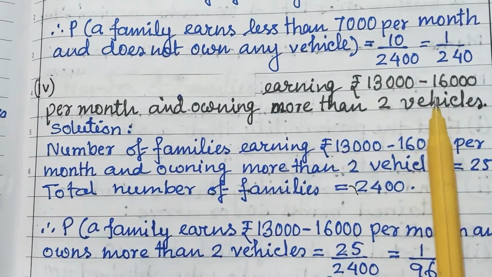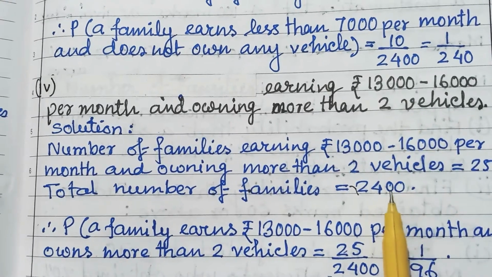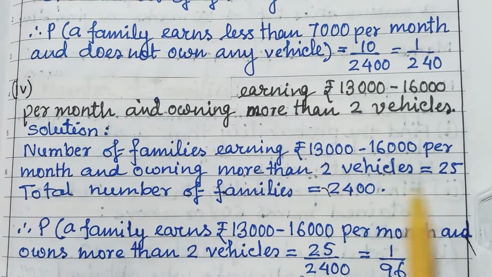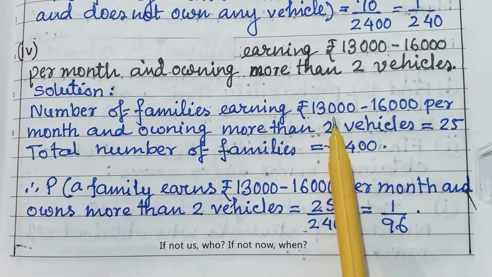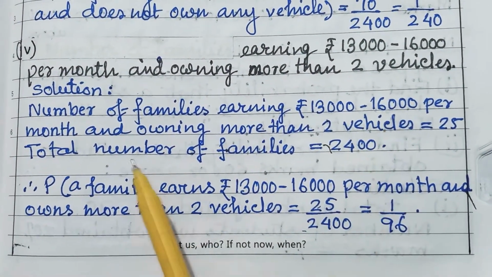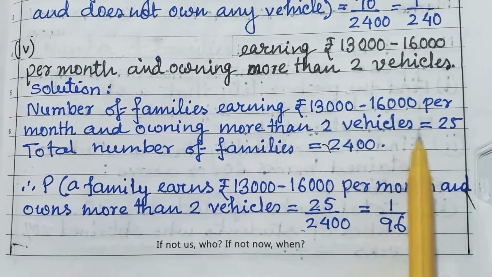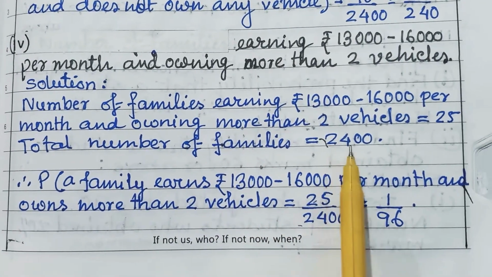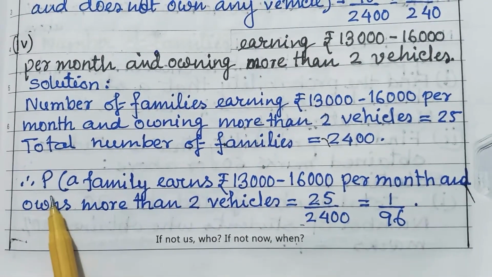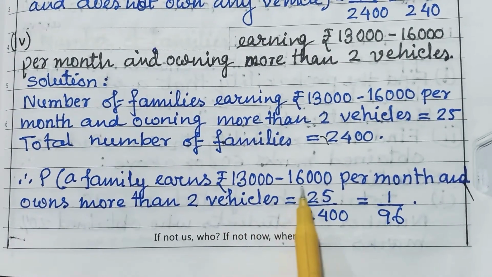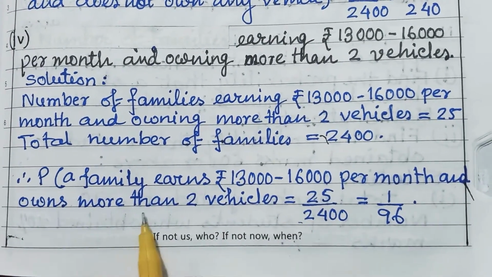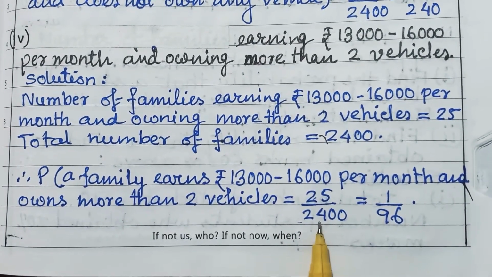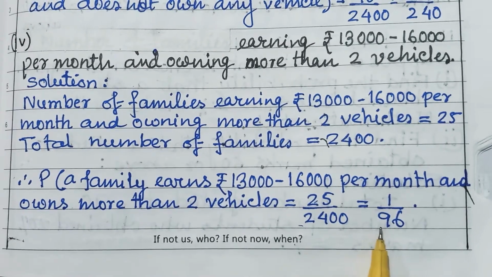For this income, there are 25 families in the table given. So the number of families earning rupees 13,000 to 16,000 per month and owning more than 2 vehicles is equal to 25, and the total number of families is 2,400. So the probability of a family earning 13,000 to 16,000 per month and owning more than 2 vehicles is equal to 25 upon 2,400. It is 1 upon 96.